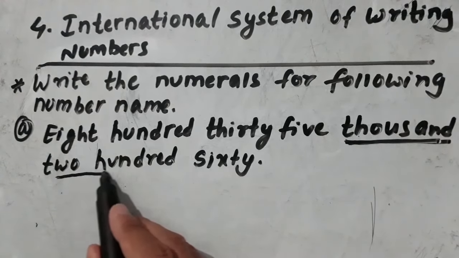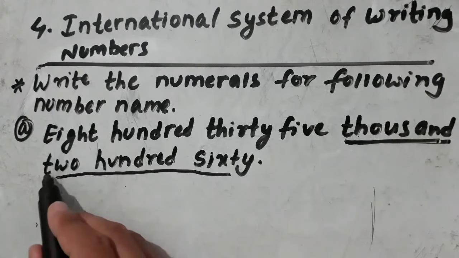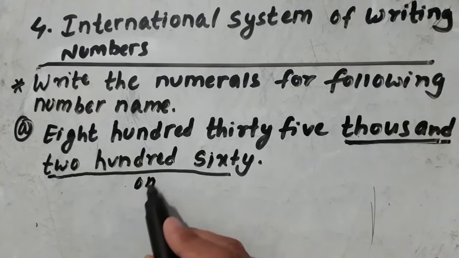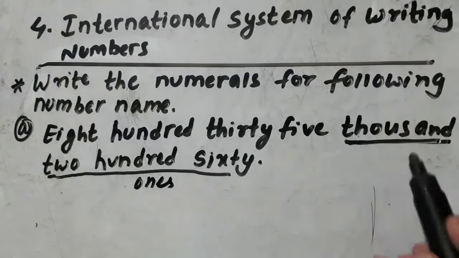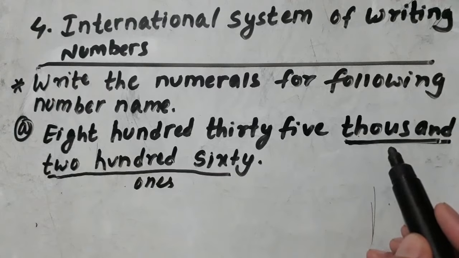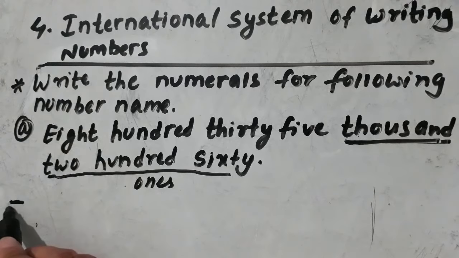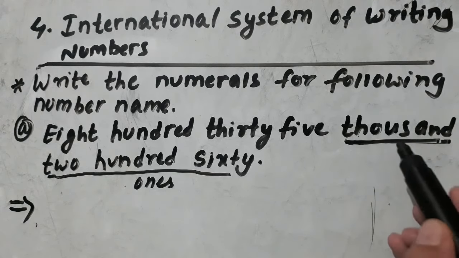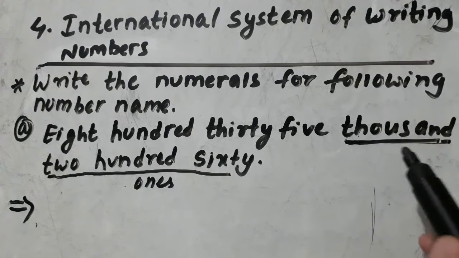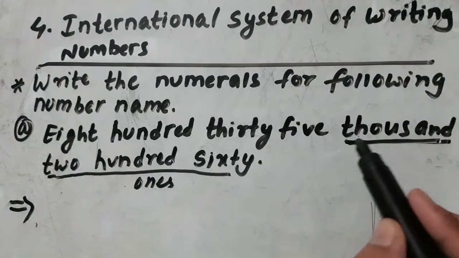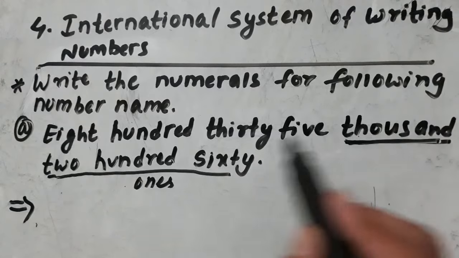These 260 are the period of ones, and this is the period of thousand. Now students, while writing the number, let's see what is there in the period of thousand.